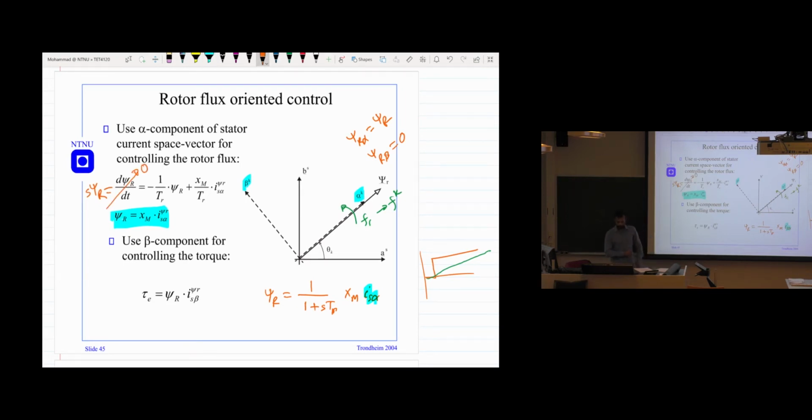And if you put this term to 0, you see the steady state rotor flux, where this magnetizing inductance, mutual inductance, value is usually 1 to 5 per unit. But maybe Roy was saying that he was working on some machine that has 2 to 4 value of this XM.